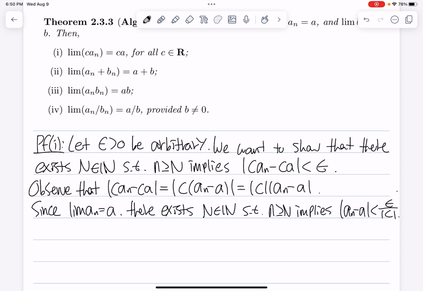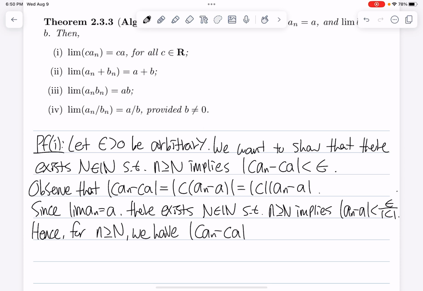All right. Hence, for n greater than or equal to big N, we have absolute value of can minus ca, which is, as shown above, absolute value of c times absolute value of an minus a, less than absolute value of c times epsilon over absolute value of c, which is precisely epsilon.